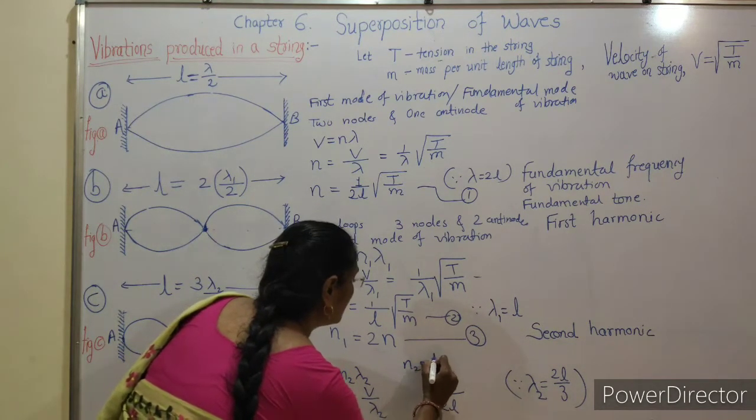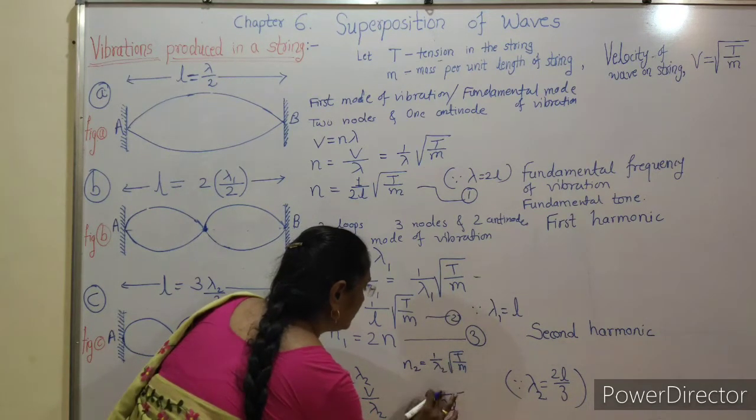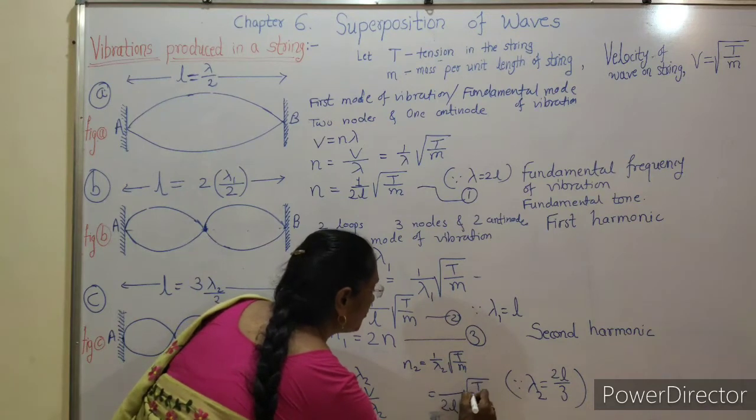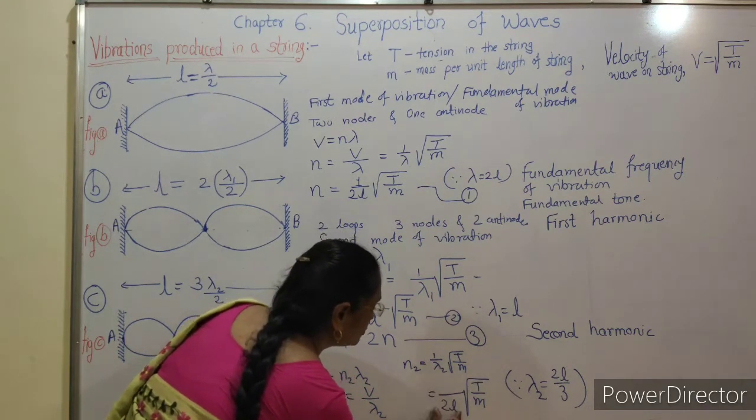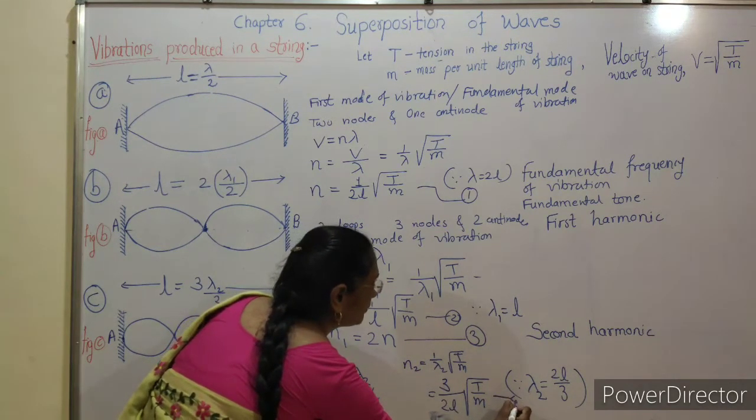N2 is equal to 1 upon lambda 2 under root T upon M. Here under root T upon M as it is. Lambda 2 is twice L upon 3, but this 3 can be taken in the numerator. So we get equation number 4.